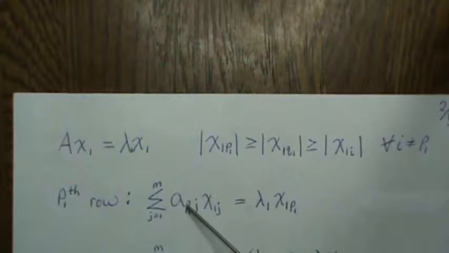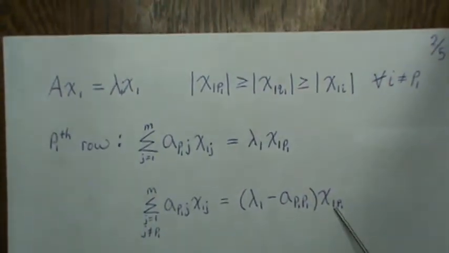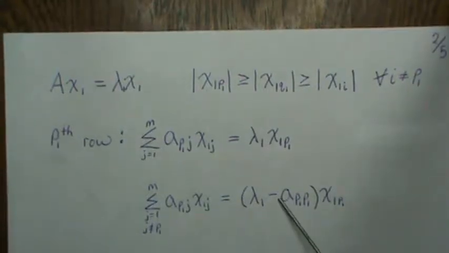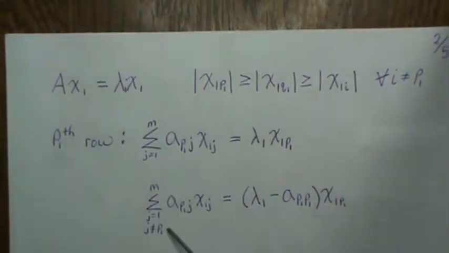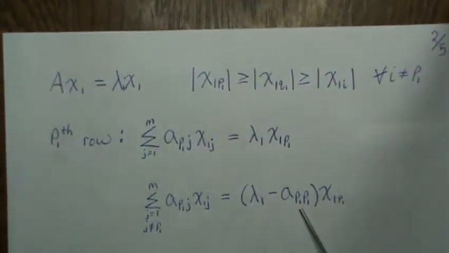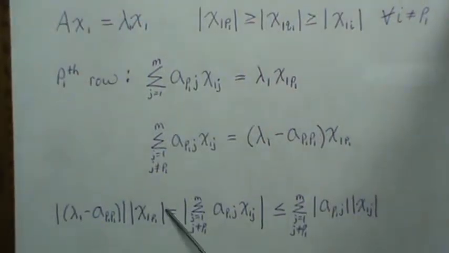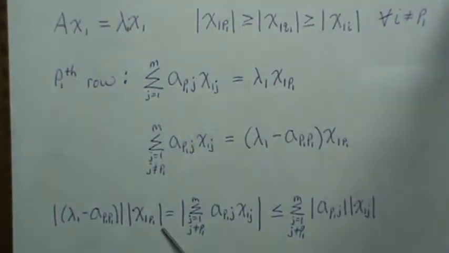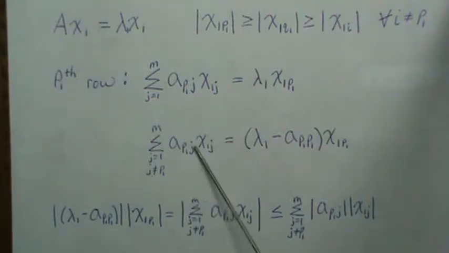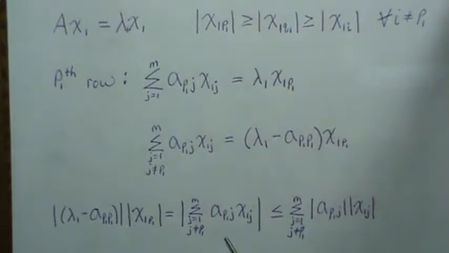Now, if we take out the diagonal element, that's when j is equal to p, and subtract it to the other side, we get this product here. It's a minus because it was a plus over here. Now, if we isolate this piece and take the absolute value of it, that's equal to the absolute value of this side.